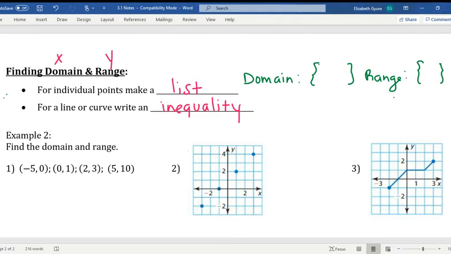So you would do domain, squiggle parenthesis, then range, squiggle parenthesis, and you list out numbers in here. I'll show you in a second.